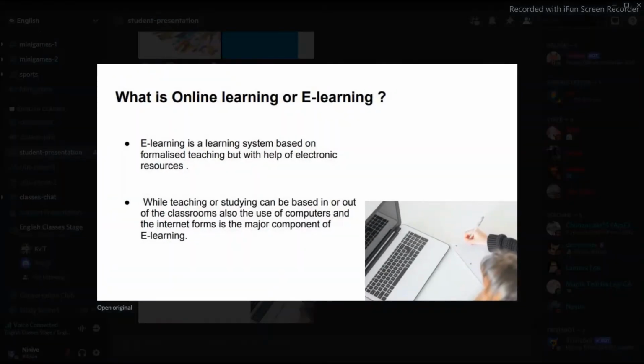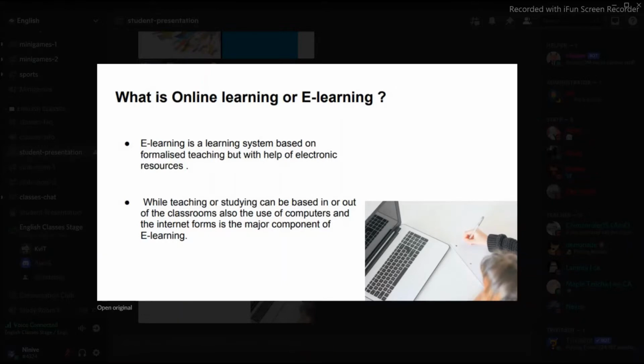So after giving a little hint about e-learning, now let's ask, what is actually e-learning or online learning? E-learning is a learning system based on formalized teaching, but with the help of technology and electronic resources, which means with the help of the internet and computers.